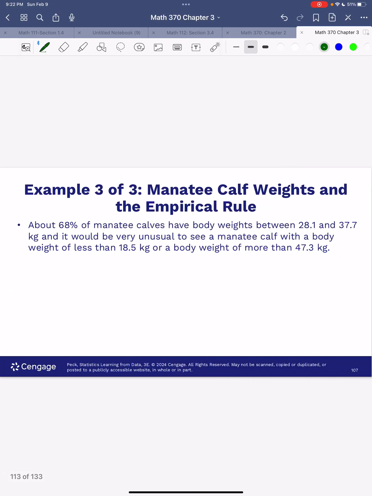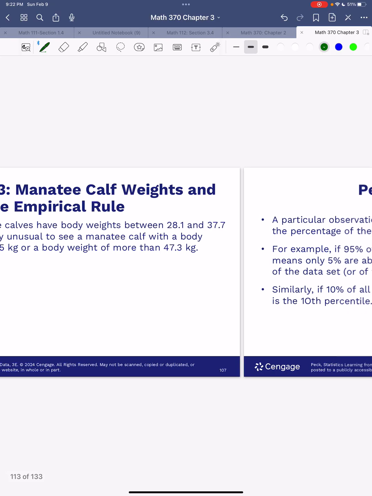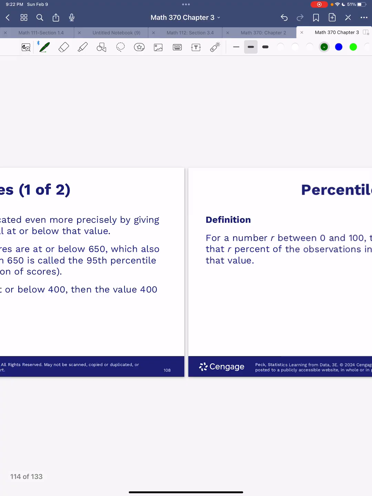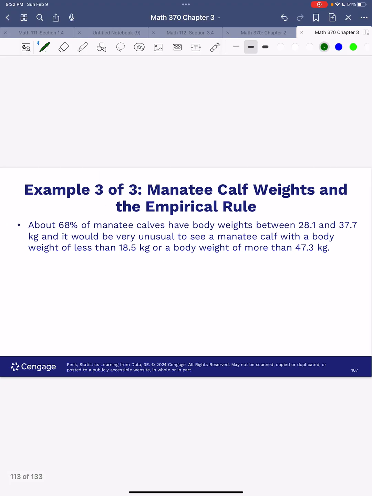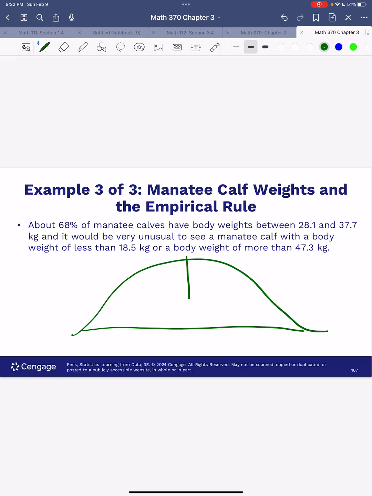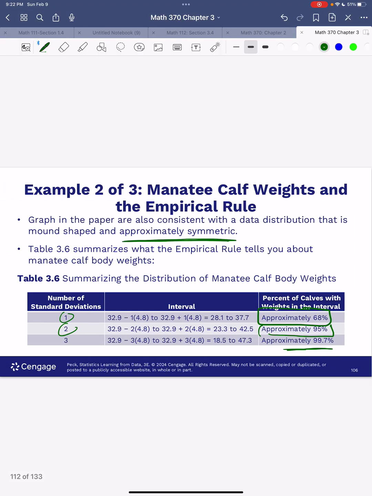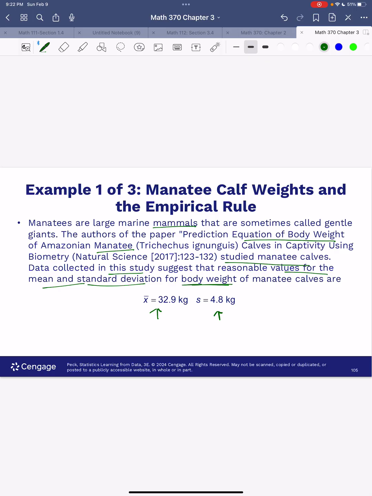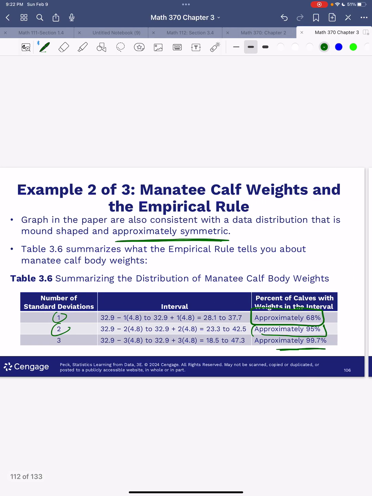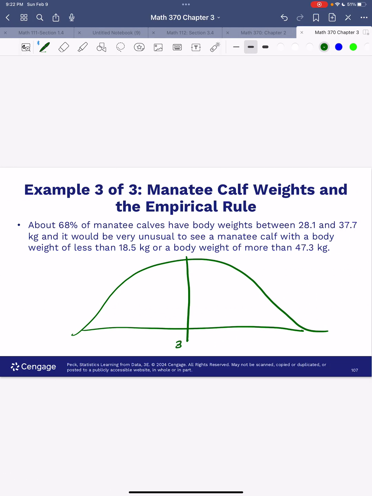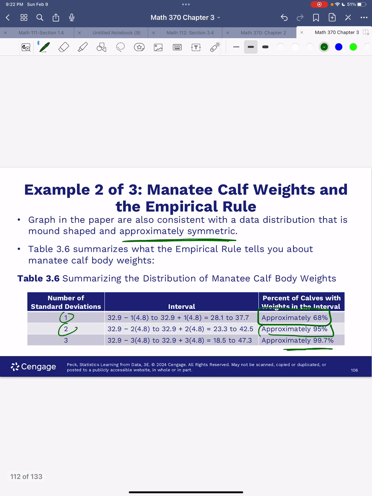So we can put this on a curve, and let's go ahead and do that. I'm going to just draw it here. I know that the mean was given to be 32.9. So if I put 32.9 right down the center, I know that that is my mean, mu. Now we know that 68% of our data is going to lie within one standard deviation.